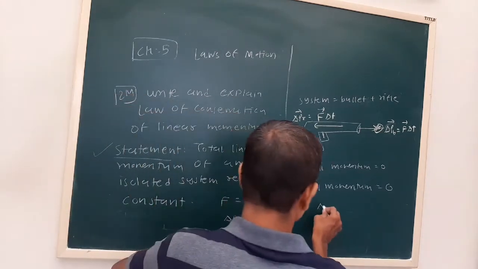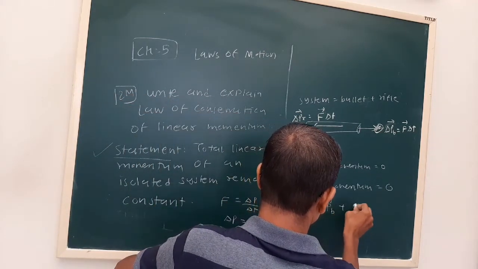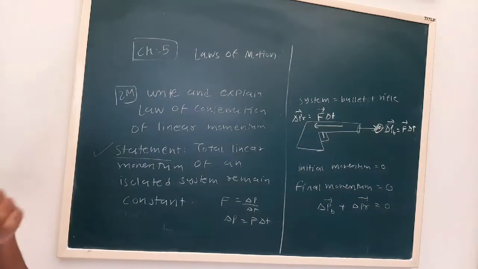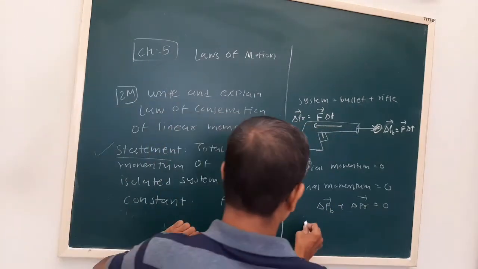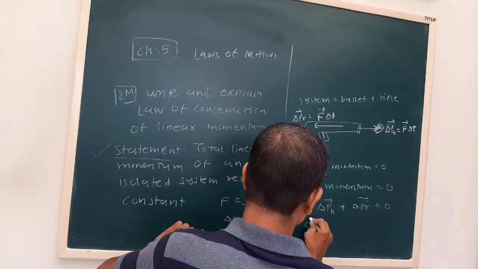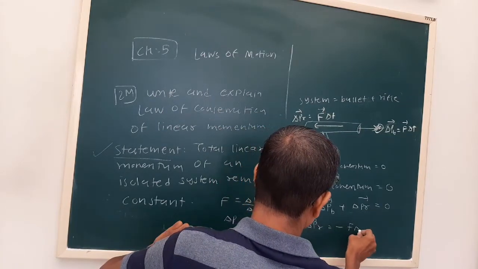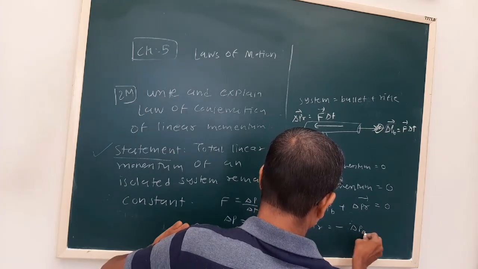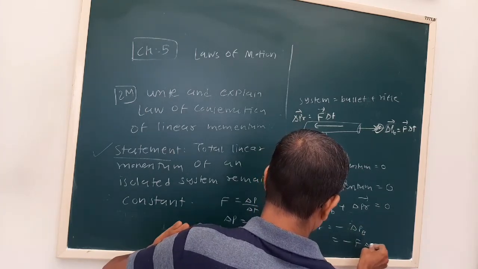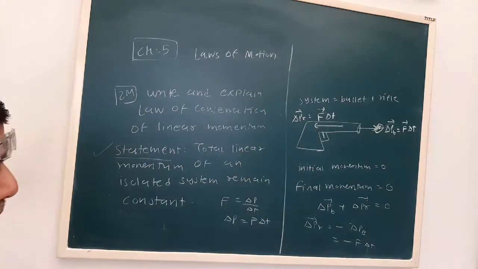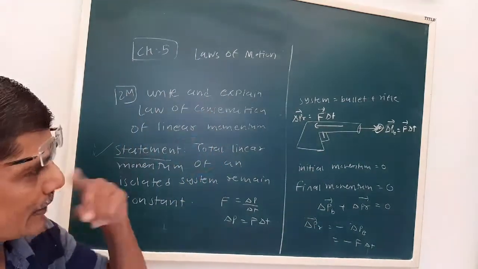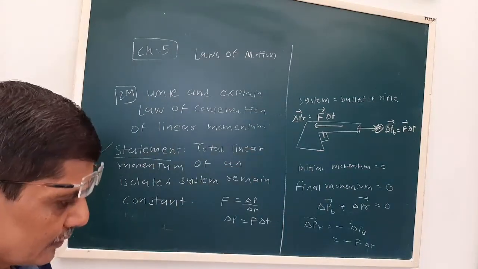So we can write delta PB plus delta PR equals 0. So delta PR will be minus F into delta T. So this is about the law of conservation of linear momentum.